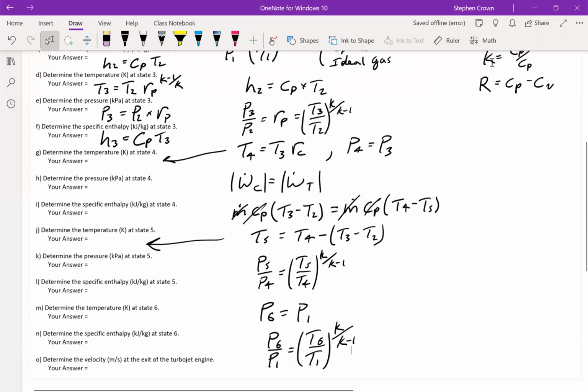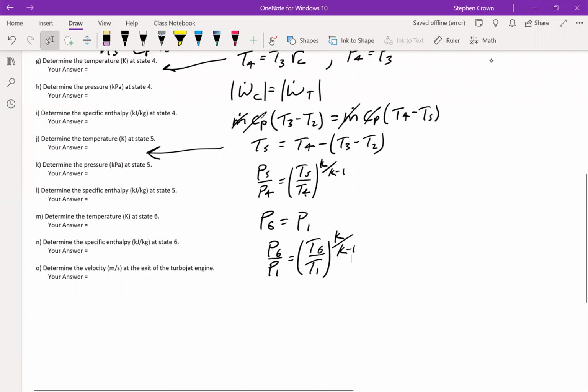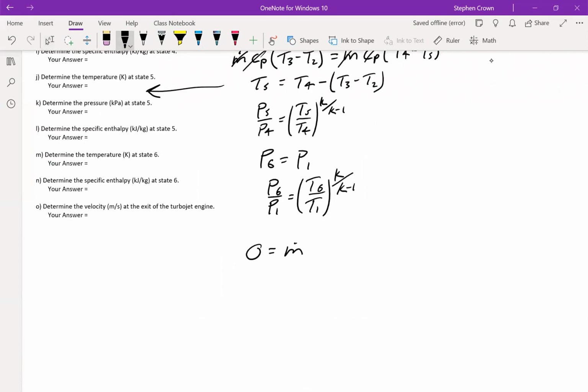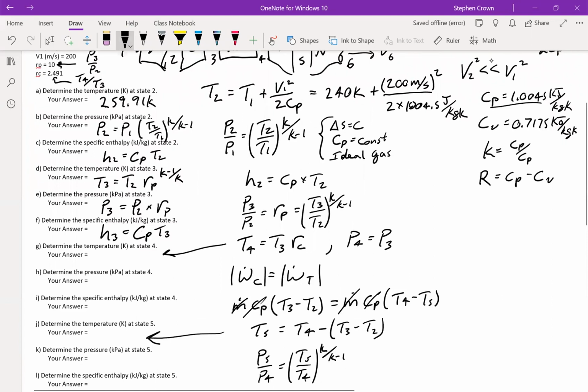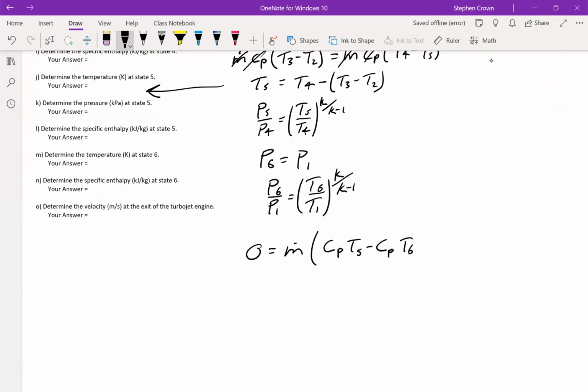For this we use the energy balance again. We have 0 equals m dot times delta H, but we're going to put this as Cp T5 minus Cp T6 plus V5 squared minus V6 squared over 2.